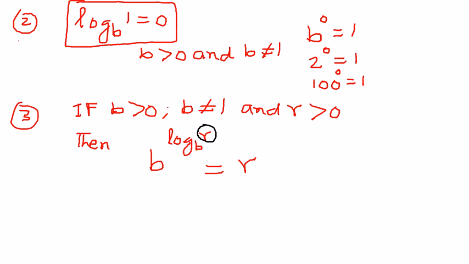Okay, so the way we can read this property out is as follows: b raised to the logarithm with base b of a number equals that number. So this will be the same as that number there. Okay, so let us look at some more properties in here.